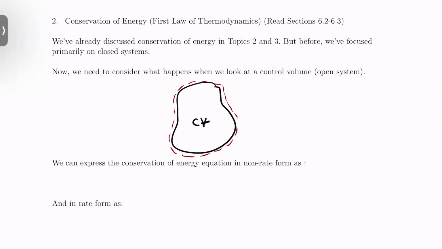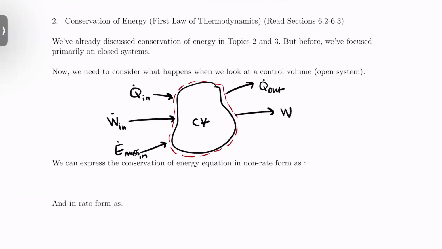And now we need to take into account our rate of heat transfer coming in, our rate of work coming in, our rate of energy coming in through the mass that flows in, as well as the outputs of all of those quantities. So we have Q dot out, W dot out, and E dot mass out.